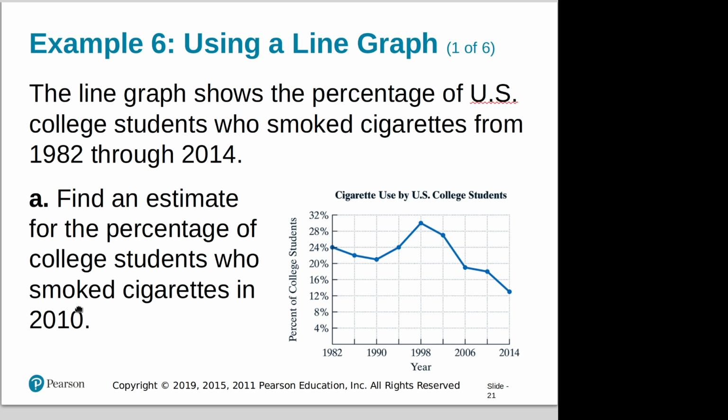If we want an estimate of how many smoked in 2010, we go to 2010. Looking at this axis, there's 90, 94, 98, 2002, 6. So 2010 is here. We come over here, and we see that we're in between 16 and 20, about halfway. So we'd say 18%. And that's how we use a line graph to make estimations.